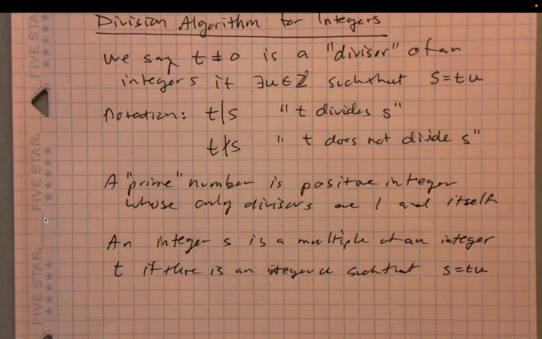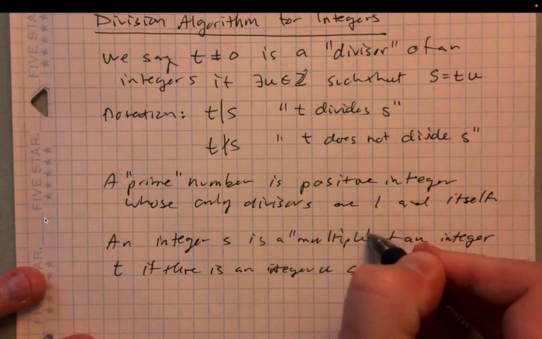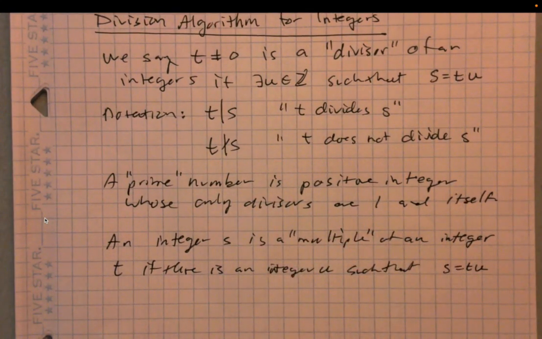So saying that t divides s is the same as saying that s is a multiple of t. Okay, so multiple is another idea that is related to this division algorithm.